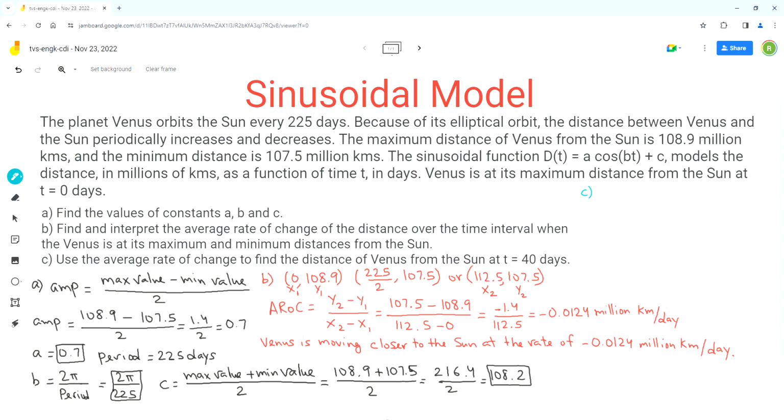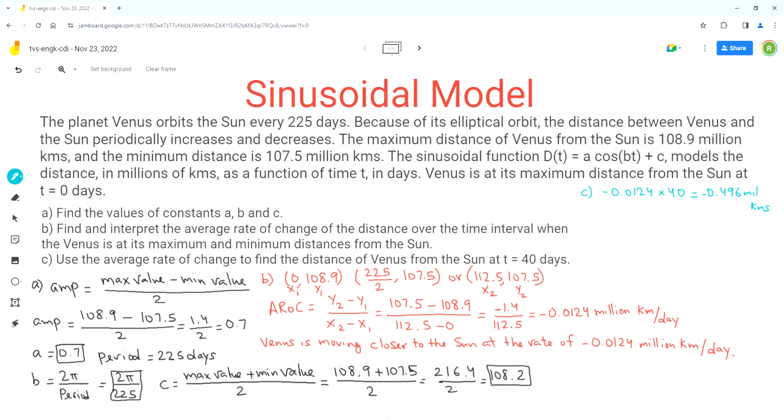So we multiply that rate by 40. I got negative 0.496 million kilometers. That's the distance Venus moved closer to the Sun.